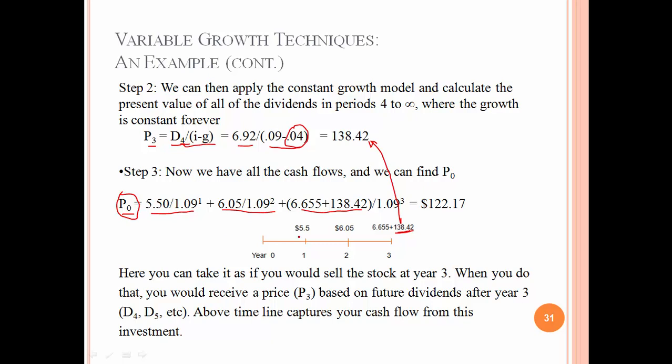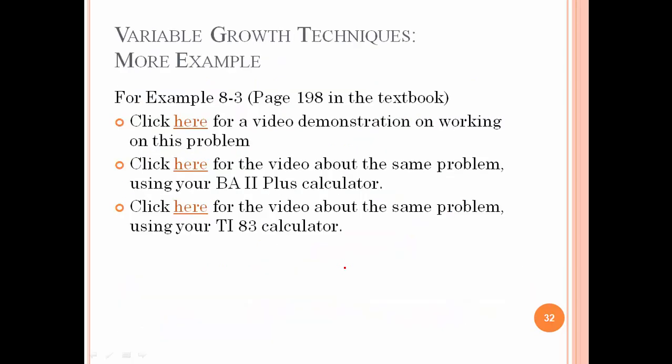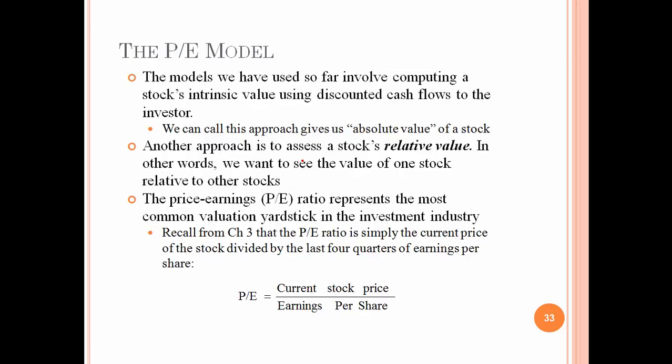Again, the growth rate can change, but if we capture the change in the growth rate, we can calculate the stock price following the steps we just described here. You may want to click on these links and watch the video demonstration working on example 8.3. This is very similar to what I just described. So check it out.